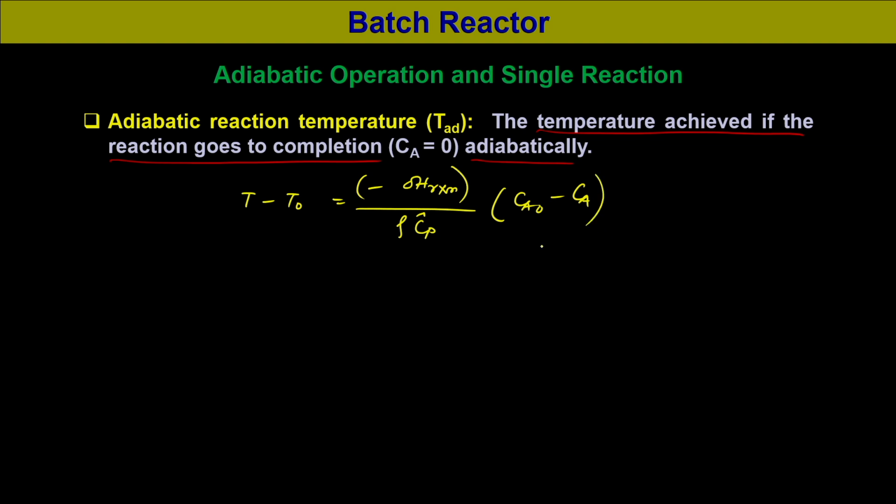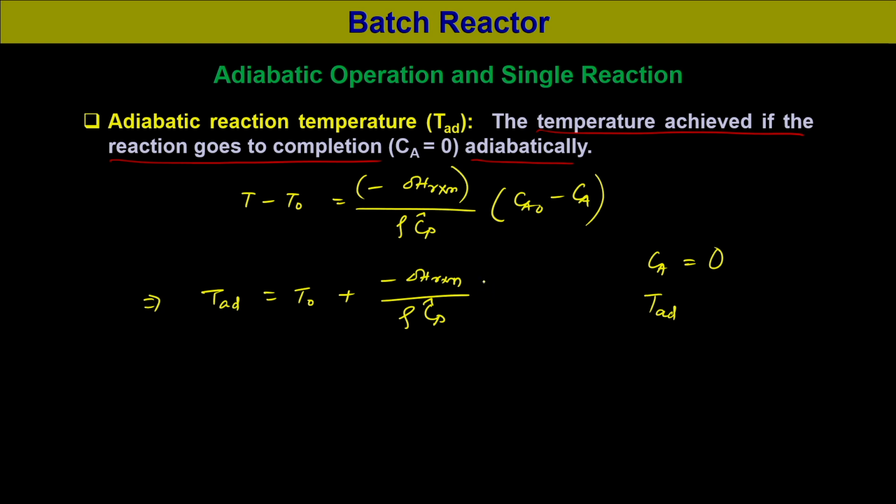For the adiabatic reaction temperature, Ca should go to 0 and T can be written as T adiabatic. So, T adiabatic would be equal to T naught plus minus delta H reaction divided by rho Cp into Ca naught.